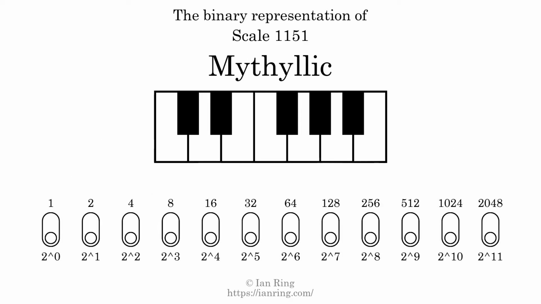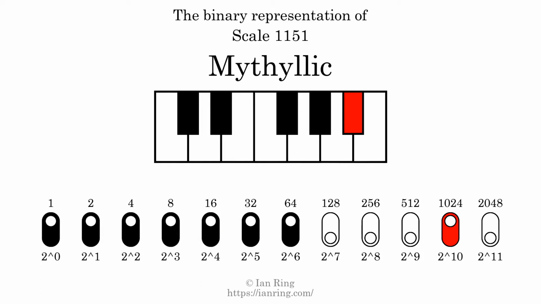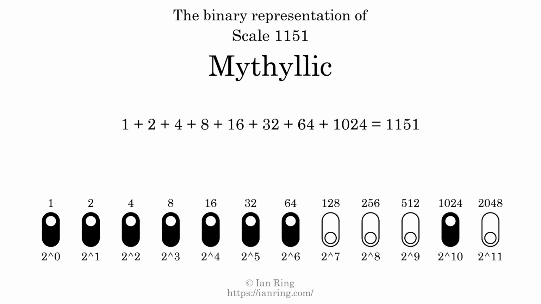The binary representation of this scale is determined by mapping tones of the scale to binary digits. Each binary digit represents a power of 2. To get the scale number, we add the powers of 2 together. The powers of 2 that are present in the scale, all added together, equals 1151.